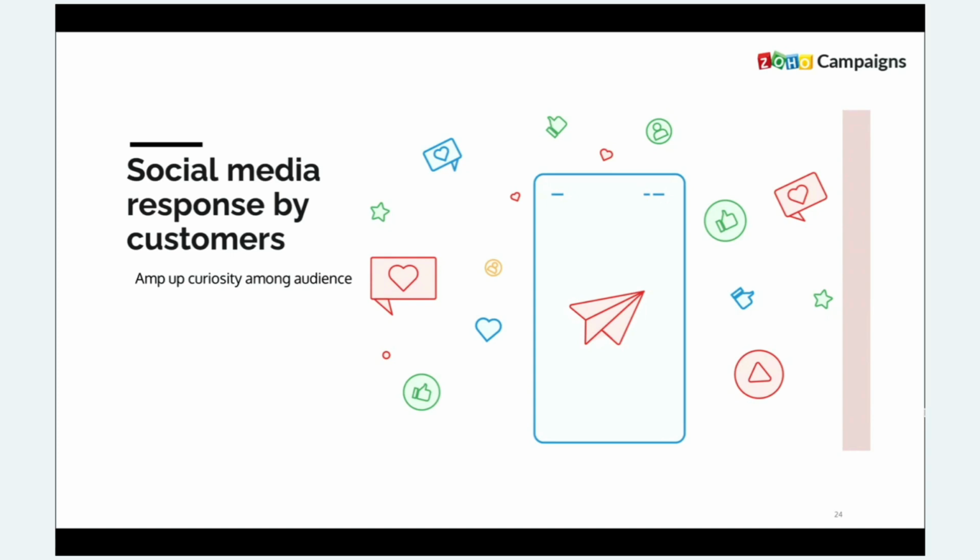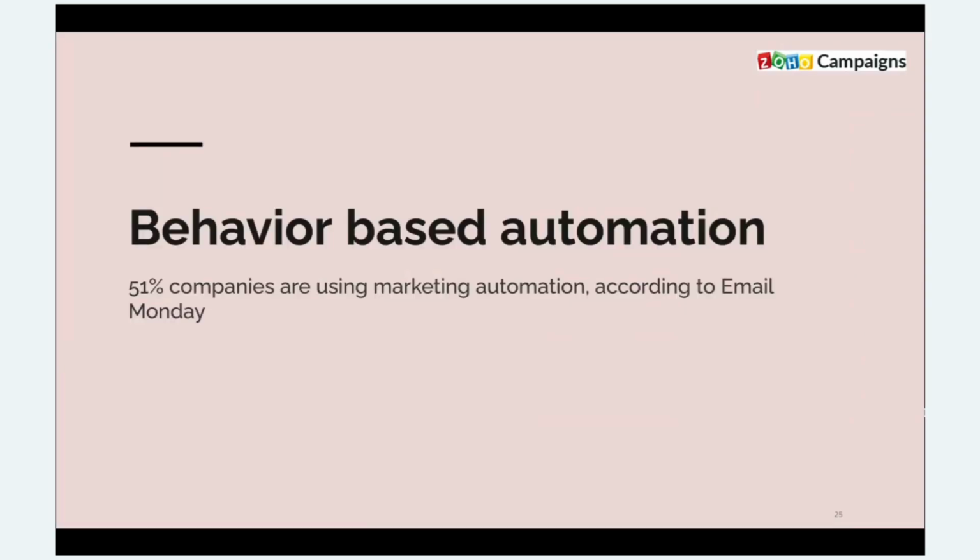So these are the different types of user generated content that you can add in your email campaigns to bring in a connection. Moving on to the most striking element that makes your email marketing easier is behavior based automation.